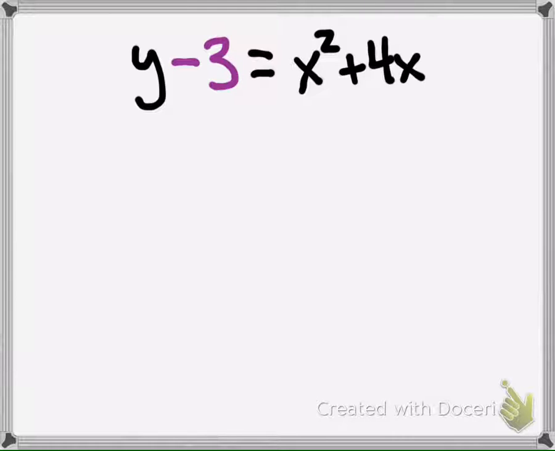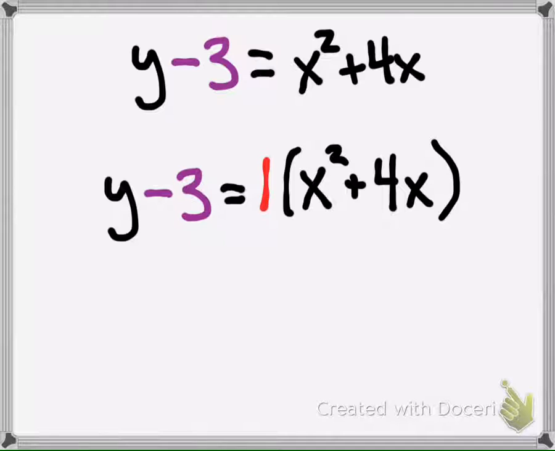Because my a value is 1, I can rewrite this equation as y minus 3 equals 1 times x squared plus 4x. While this doesn't really help us in this situation because a equals 1, in situations where a is greater than 1, this is a necessary step to make sure that both sides of the equation are getting added the same thing. We want to make sure that both sides are equal.